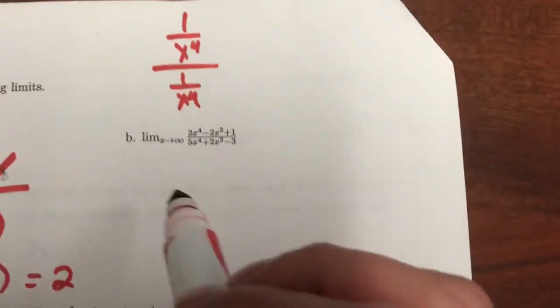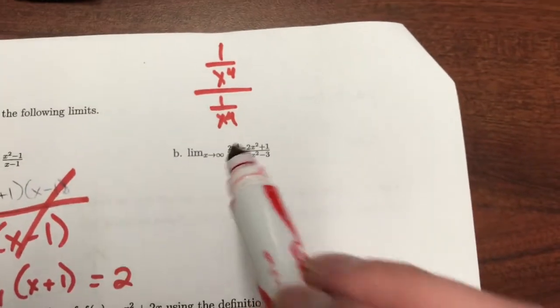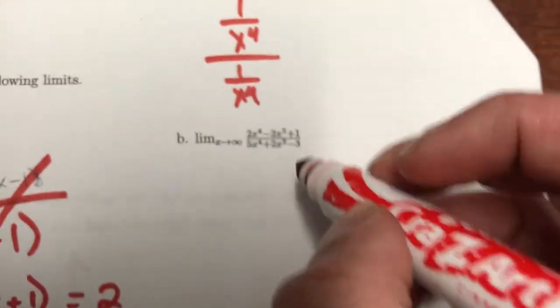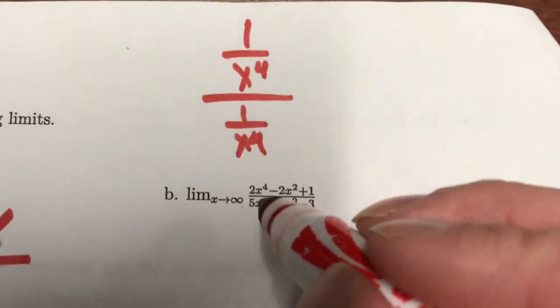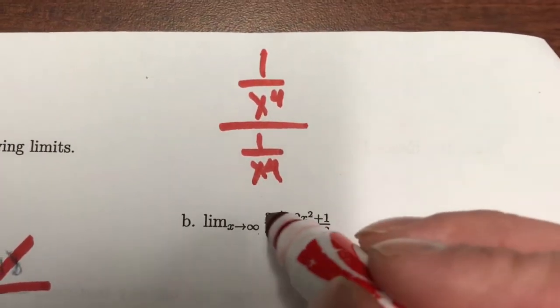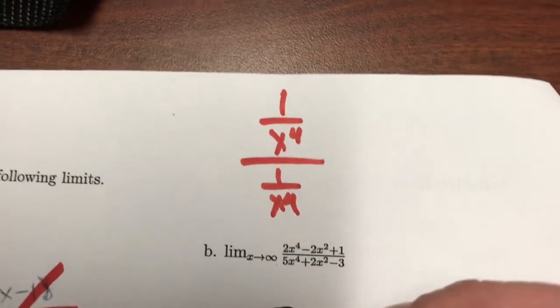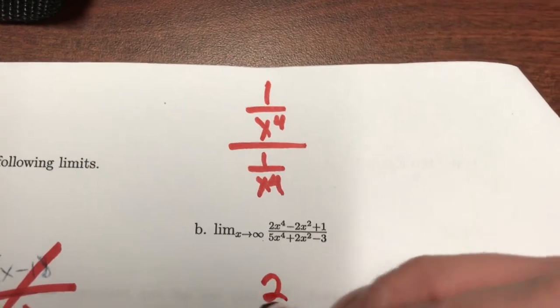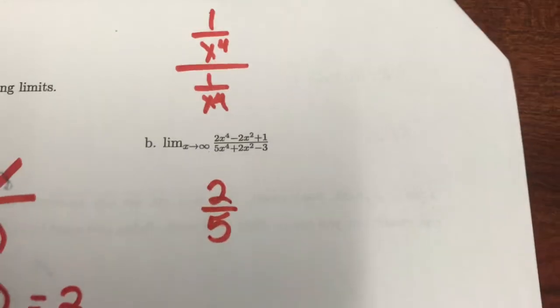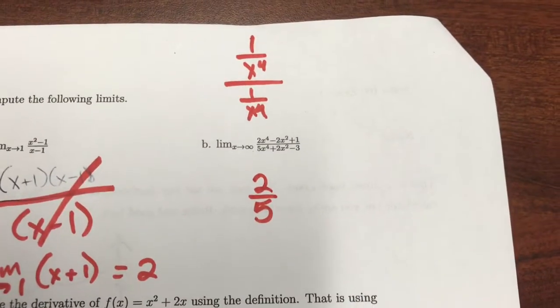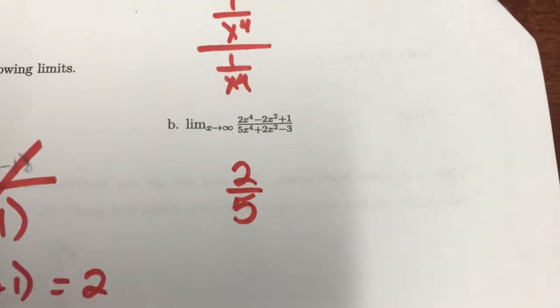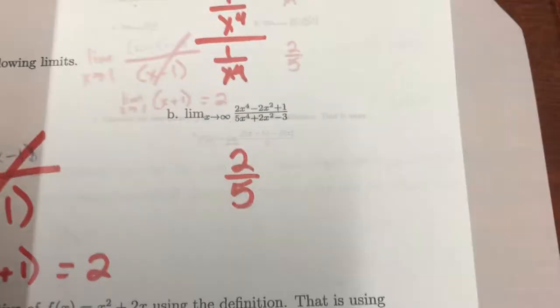So since I'm going to infinity, I care about the highest degree in the numerator, which is that guy right there, divided by the highest degree in the denominator. In other words, 2 over 5. And that's literally going to be my answer when I'm done. 2 divided by 5 is 2/5.